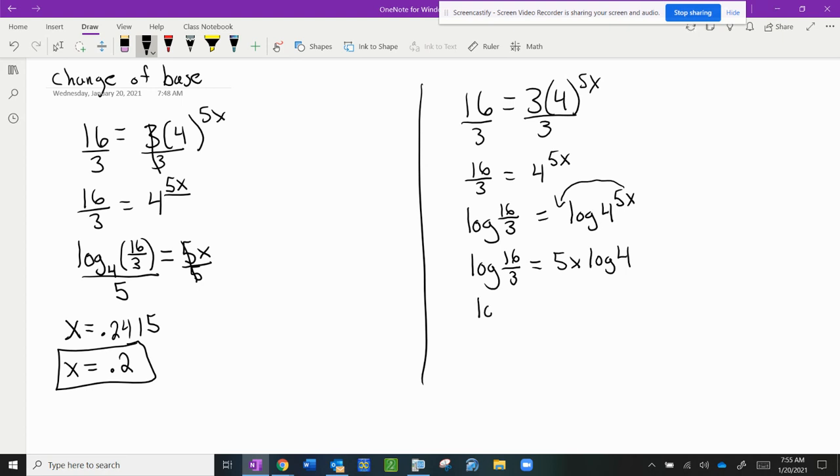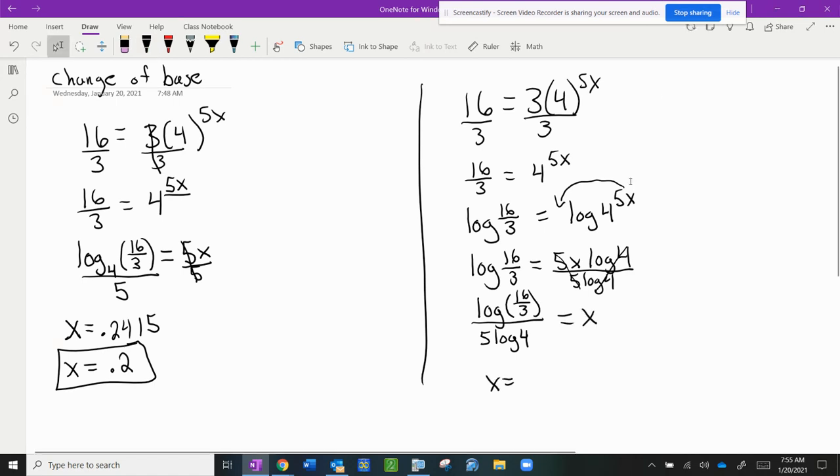I'm going to take log of 16 over 3 base 10, and divide by 5 times the log of 4. Then I get x by itself, and now I'm ready to use my calculator.